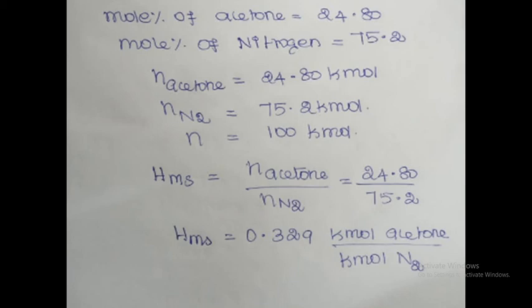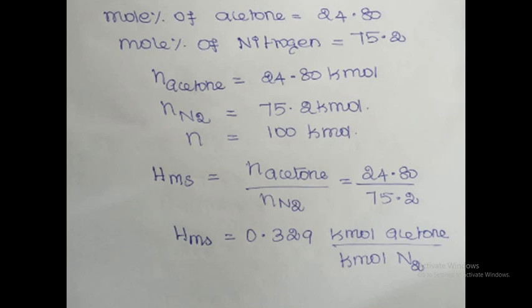The mole percentage is directly taken as kilomole. That's why N of acetone is equal to 24.80 kilomole, N of nitrogen is equal to 75.2 kilomole. Total moles is equal to 100 kilomole: 24.80 plus 75.2 is equal to 100 kilomole.